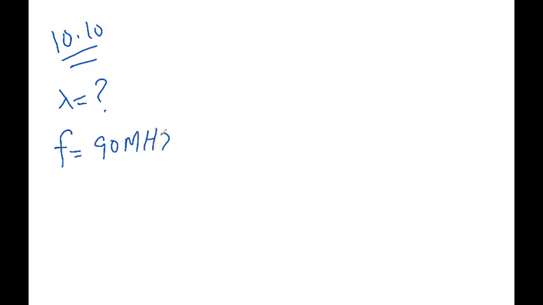Now, next numerical, 10.10. What is the wavelength of the radio waves transmitted by an FM station at 90 megahertz? Frequency is 90 megahertz. You will write 90 cross 10 raised to power 6 hertz.